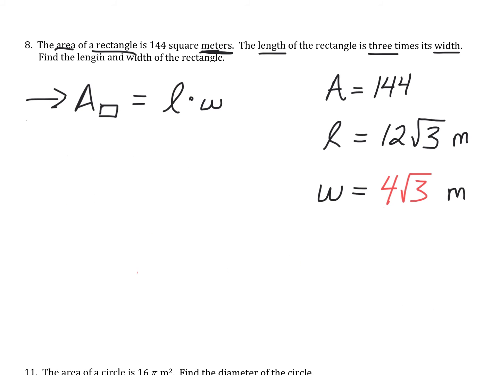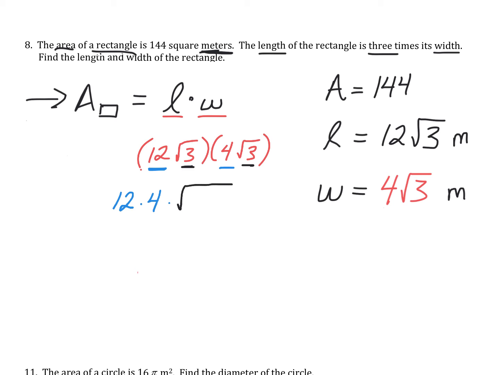Now, the last thing I can do to just check my work is just plug these two into my formula. So for the length, we said it was 12 radical 3, and for the width, we said it was 4 radical 3. Now, when multiplying these two together, I'll multiply the numbers on the outside together, 12 times 4, and I'll multiply the numbers under the radical together.